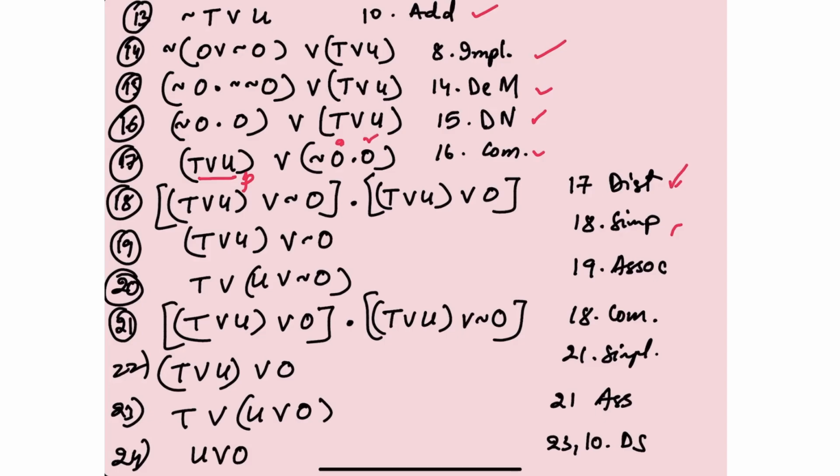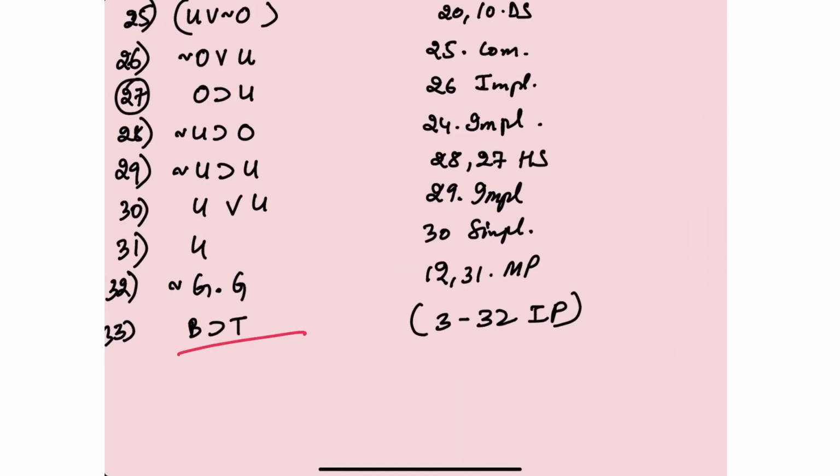After distribution, simplification, and then again association, because we already have negation of T, so we are trying to find T, which is the negation of it. This is T, we already have negation of T, so we can use disjunctive syllogism here. So again we have done commutation, simplification, a similar way, although the steps are more, but the question itself is not that difficult.